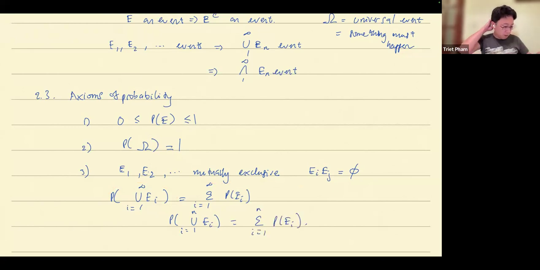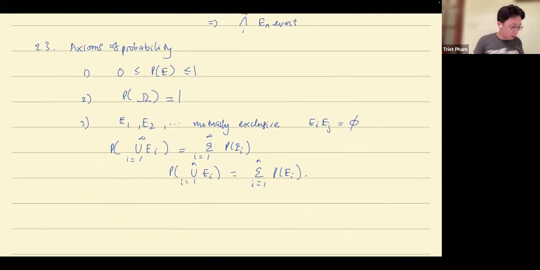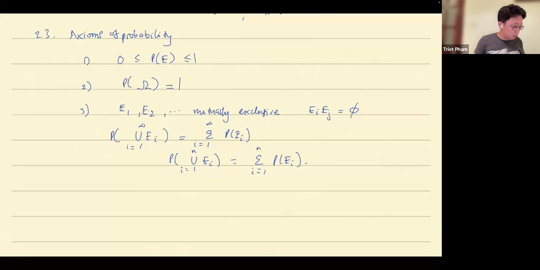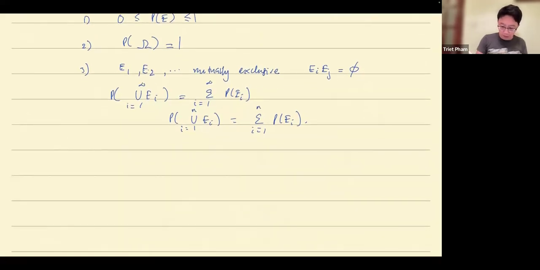Okay. So now, from this, the consequences are the following. The first thing is that the probability of the complement of an event is 1 minus the probability of the event itself.